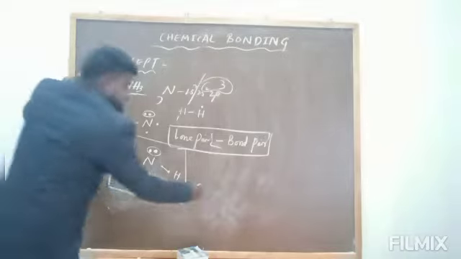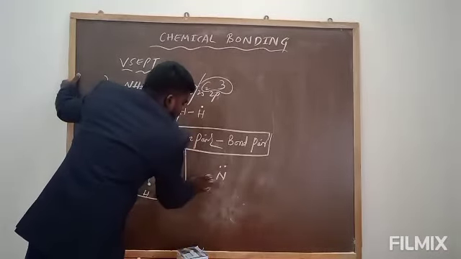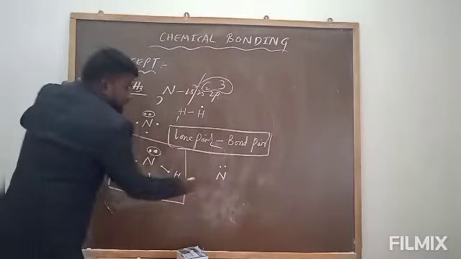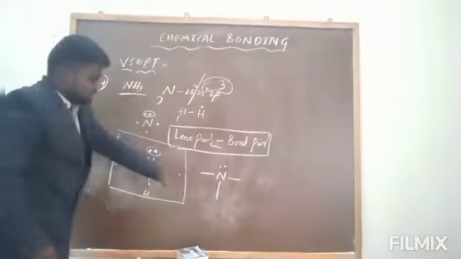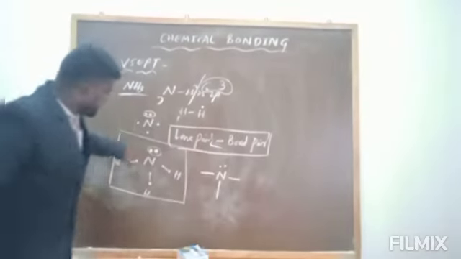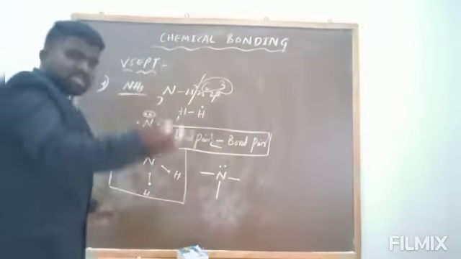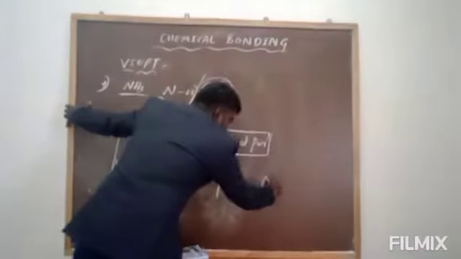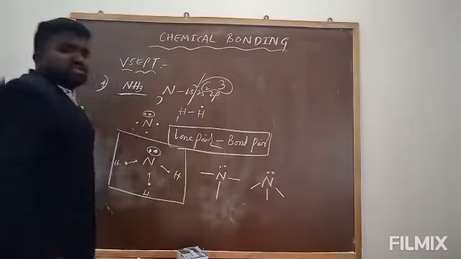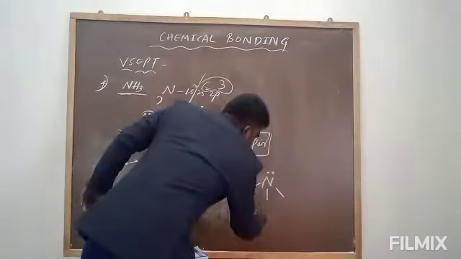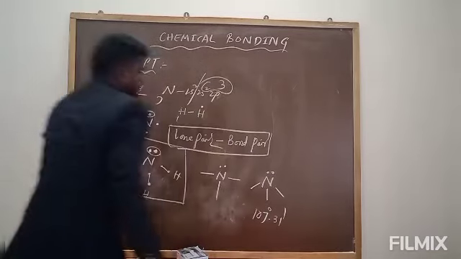So what is the shape of this ammonia molecule? Basically, the ammonia structure will be like this. Due to the presence of the lone pair, the angle will be reduced to 107 degrees 31 minutes.